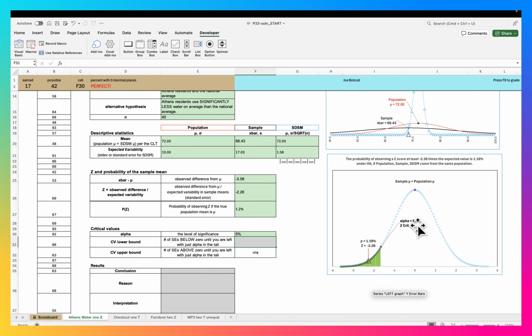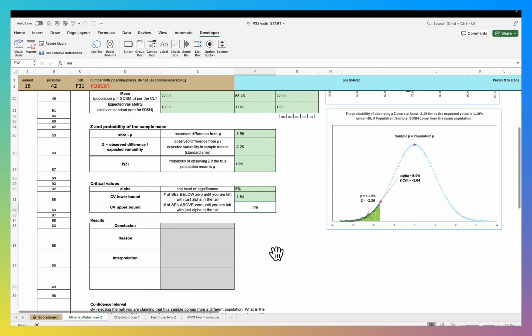But while we see that this value is negative 1.64, how would we calculate it? We use the NORM.S.INV function, and then we put the probability. And there's the negative 1.64. That's where it came from.